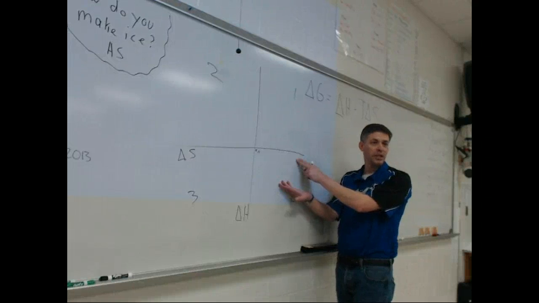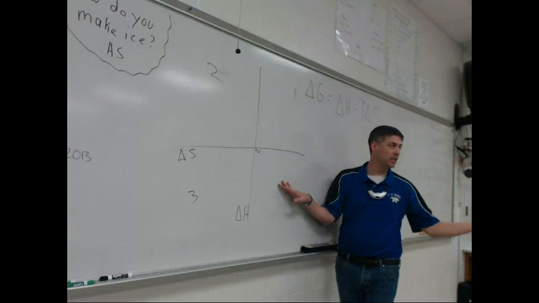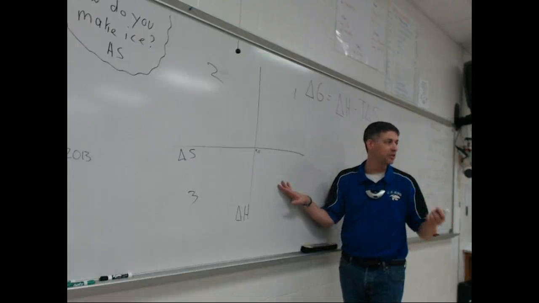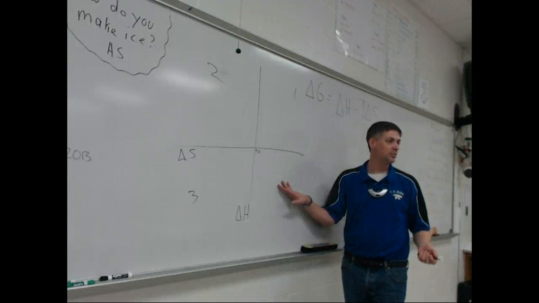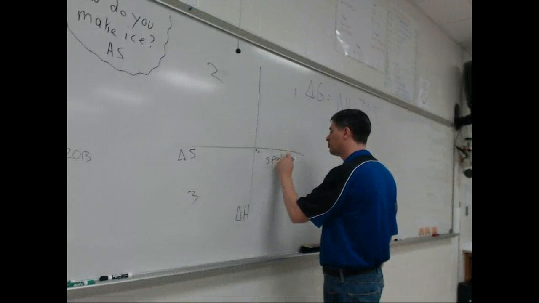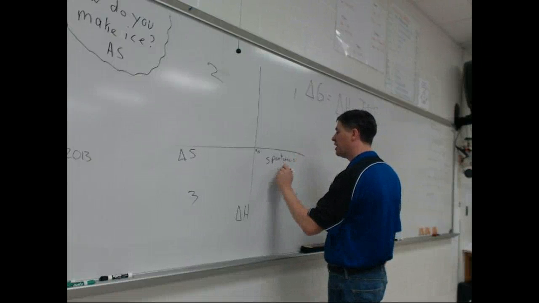If delta H is negative, then it's exothermic, that would tend to be spontaneous. If delta S is positive, then chaos is increasing, so that would tend to be spontaneous. So in this quadrant, these would be spontaneous at any temperature.